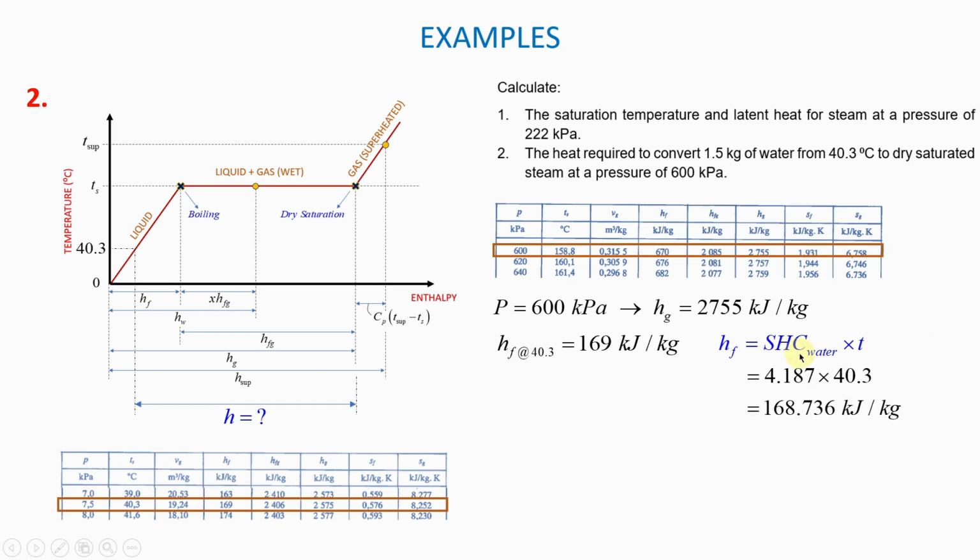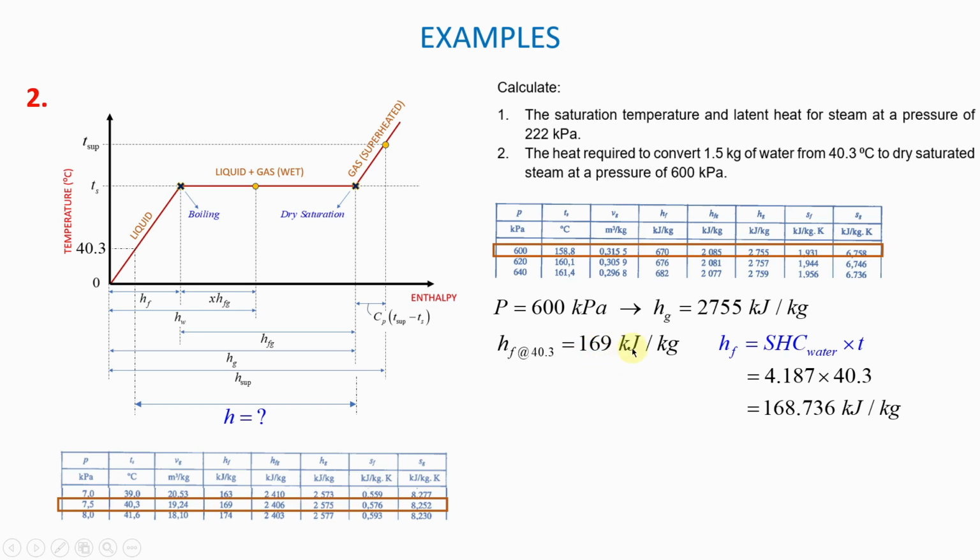And of course, the specific heat capacity of water is 4.187. Okay, you need to know that, memorize that number. And so we will take that, multiply that by the temperature, which is 40.3. And as you can see, even if we did not use the table and used this equation, the number that we get is very close to the number that you read from the table.